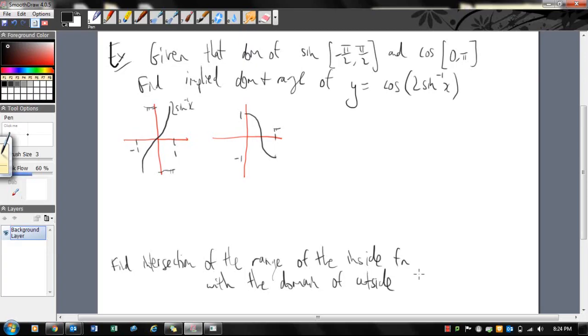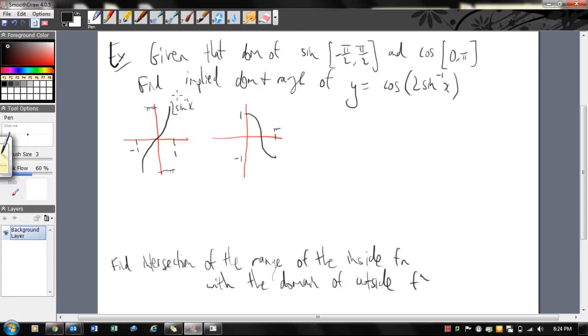I'll explain that. Looking at this, for it to be defined, the domain of the outside function, if that was cos x, whatever the inside stuff is, the range of the inside needs to be defined in the same places as the domain of the outside. It needs to be where they cross over.